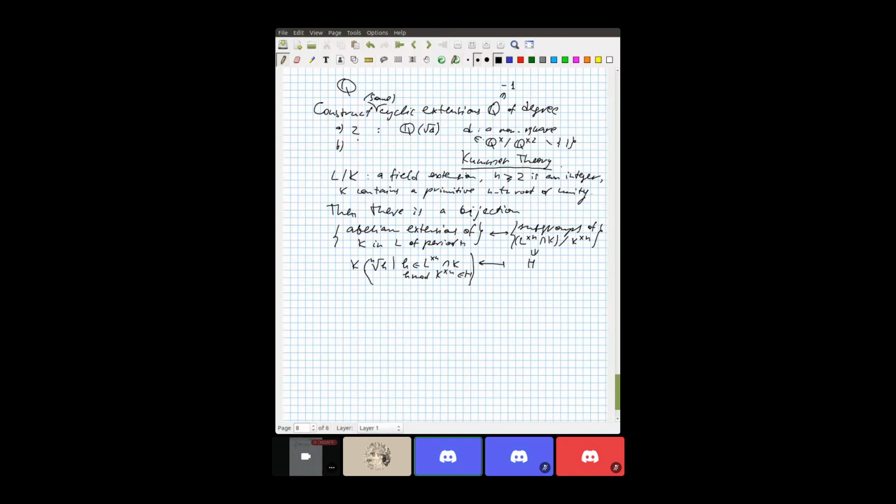So for example, if n is 2, then any extension of period 2, for instance of degree 2, of K is given by adding a square root of d, if n is 2 and the characteristic of K is not 2, because this is precisely the condition that K contains a primitive second root of unity, and the second root of unity is just -1.